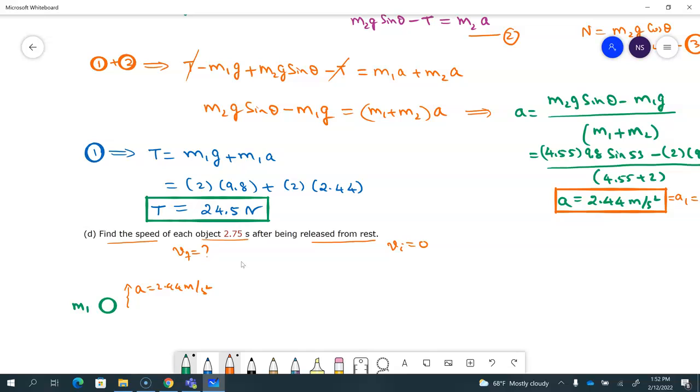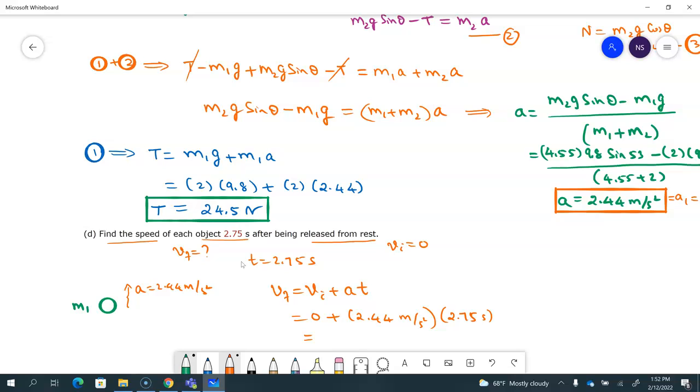So since time is given, t is 2.75 seconds, you could just use your first kinematic equation, Vf equals Vi plus at, and Vi is 0, acceleration is 2.44 meters per second squared multiplied by the time, 2.75 seconds, and if you calculate it, sorry, that was a mistake.